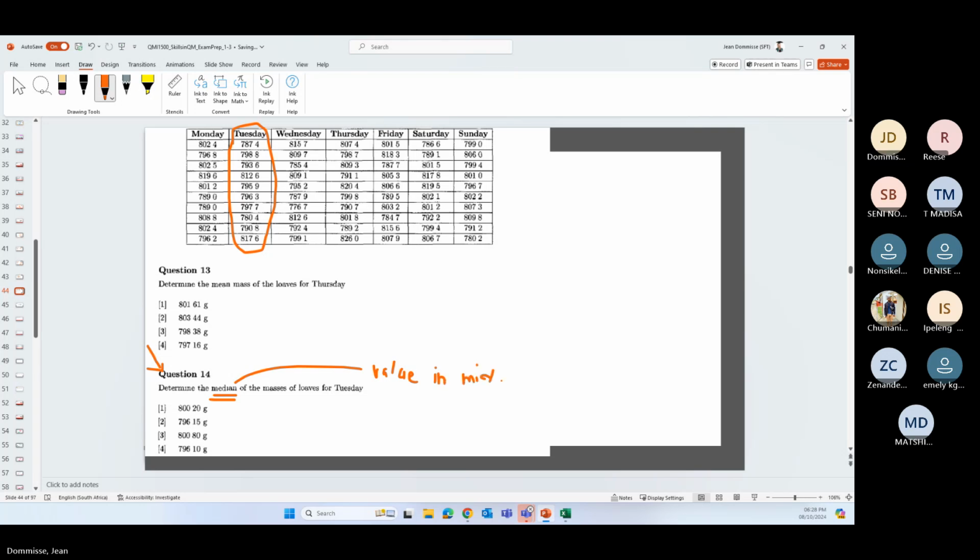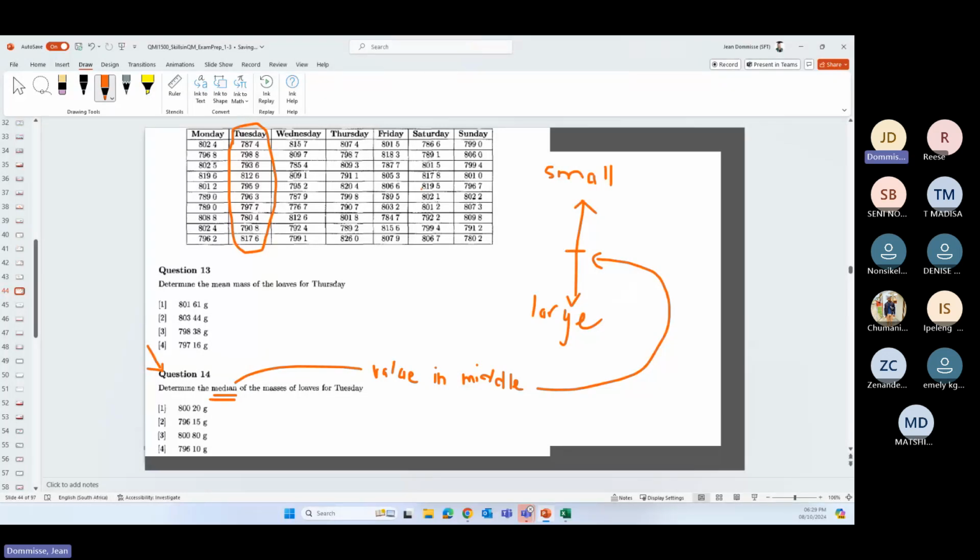But in the middle, as in when data is ordered from small to large. So it needs to be ordered from small to large, and then that data point in the middle, that is the median.